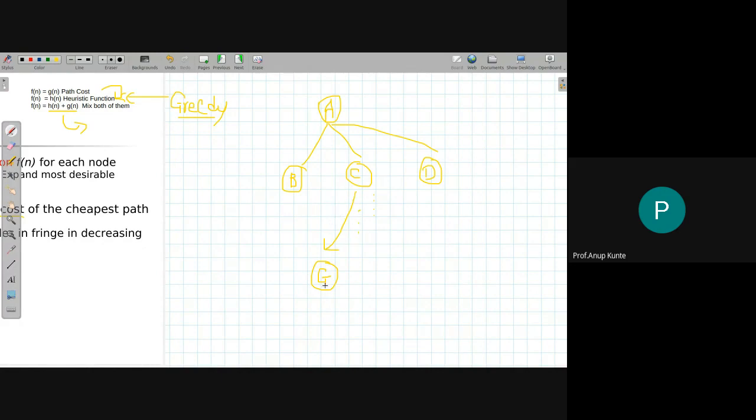That is, after C, I'm moving to some other nodes and then reaching the goal node. Okay, that is how I reach the goal node. Maybe in this search tree, at some point over here, there is another alternative path, and that is possible. Obviously, there is an alternative path that may lead to a goal node in a different subtree.